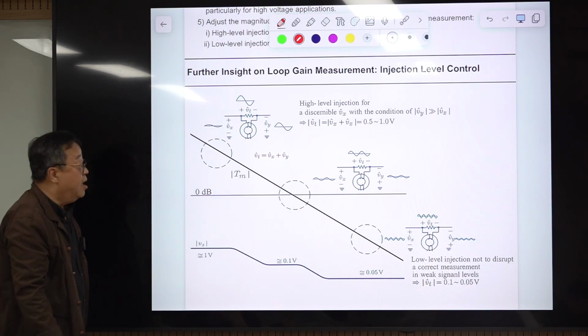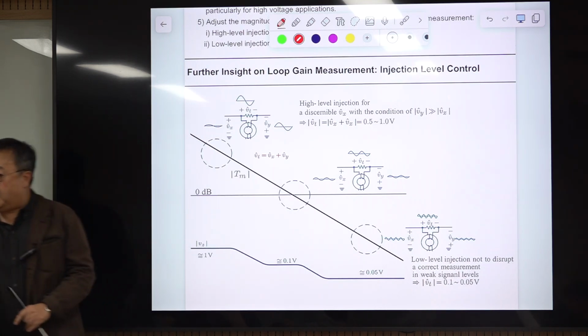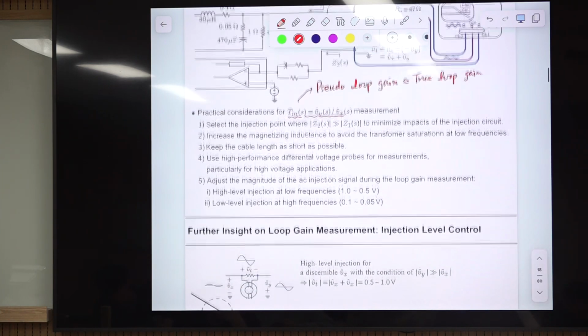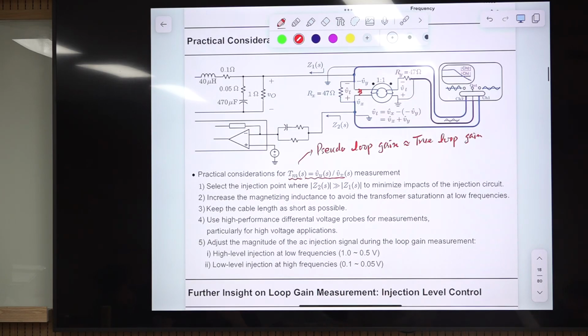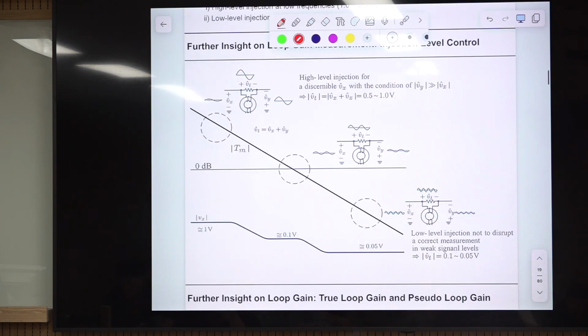As I said, the VT test voltage or injection signal is this one, because VT hat is this voltage minus this voltage, and this voltage is already minus. So minus becomes plus. This is the relationship between VT and Vx and Vy hat.